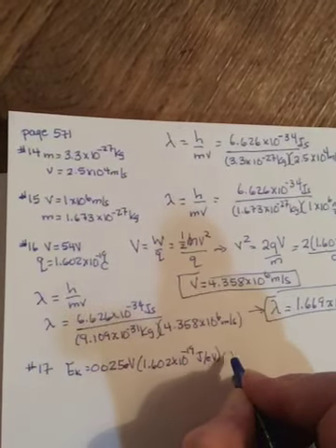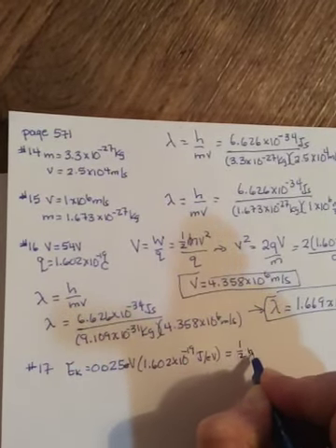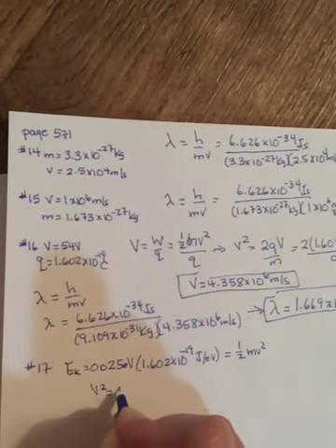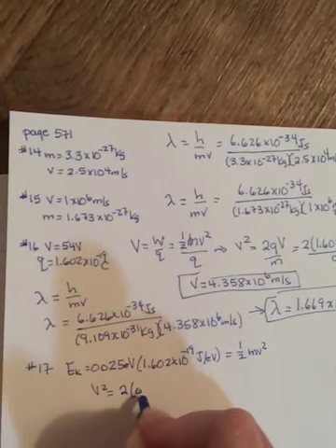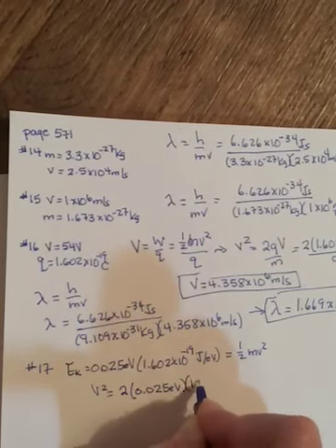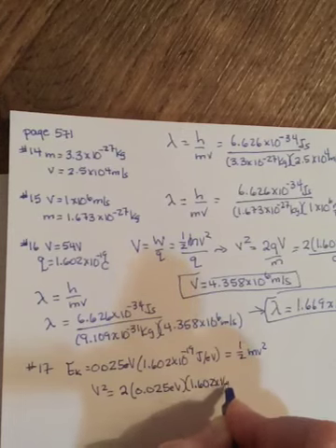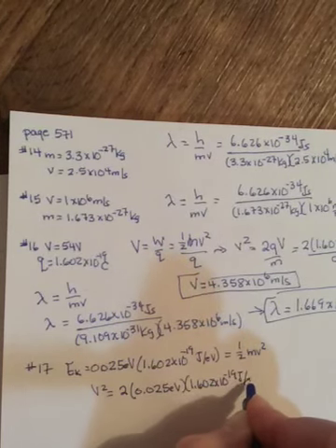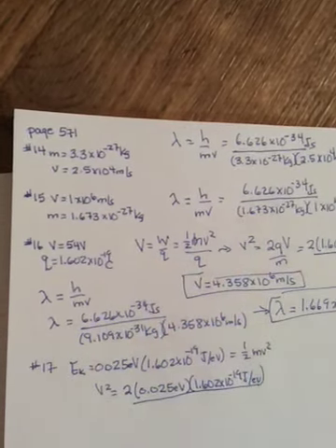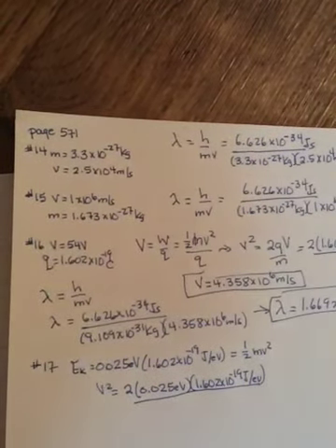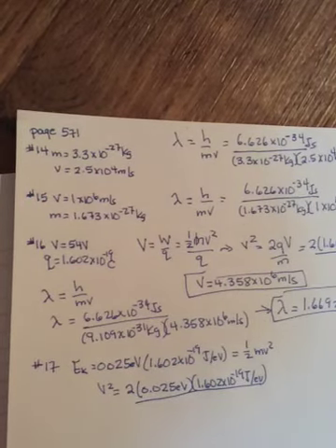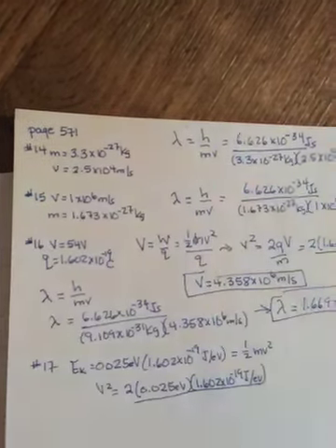So once you get this, then you're going to set it equal to 1/2 mv squared. So v squared is going to equal 2 times this 0.025 eV times 1.602 to the negative 19 joules per electron volt divided by, and this is a neutron. Interesting, they told you the mass of the proton earlier, but they didn't tell you the mass of the neutron here.